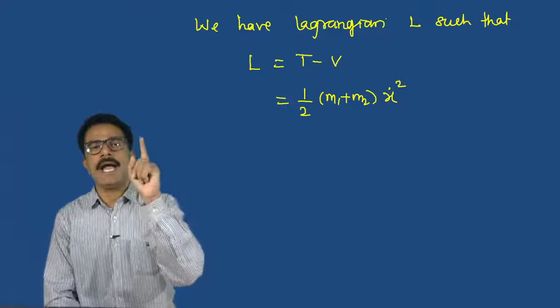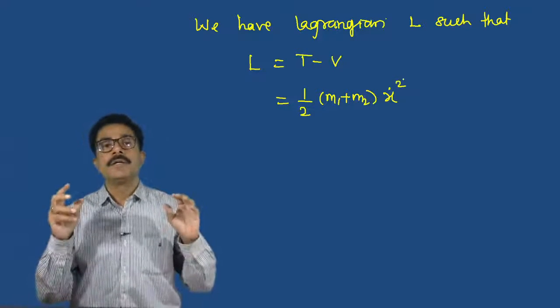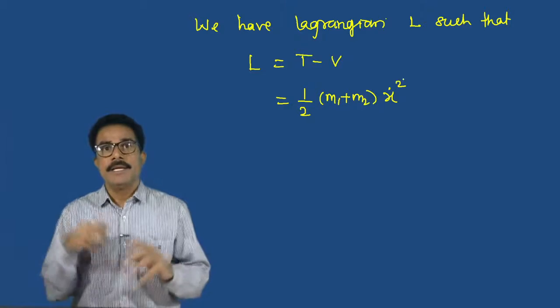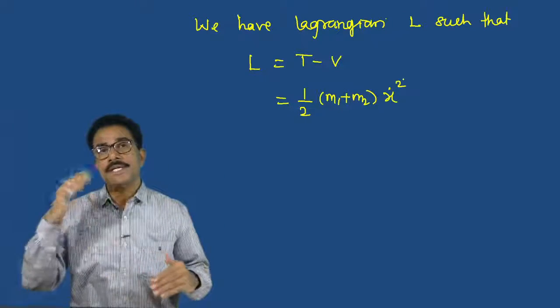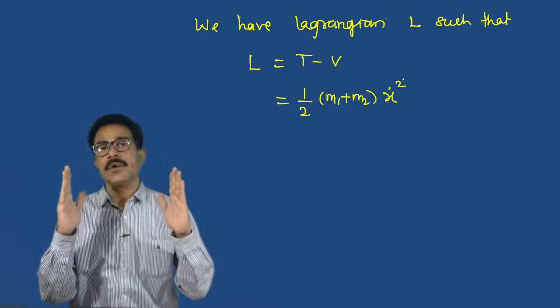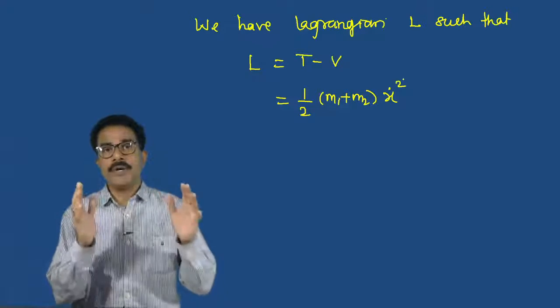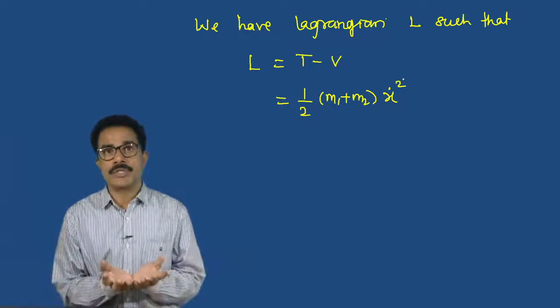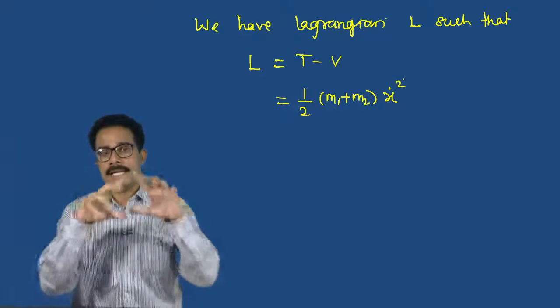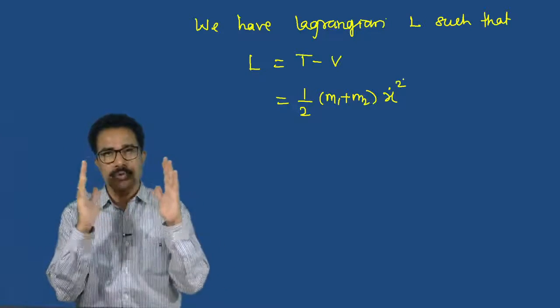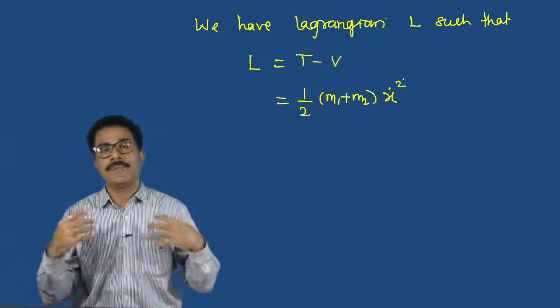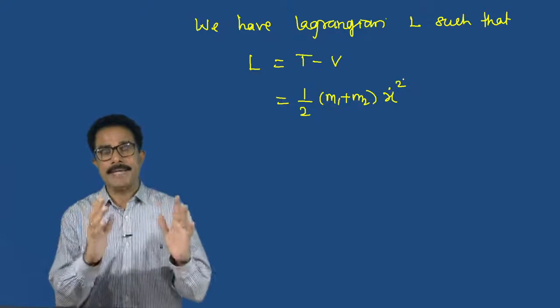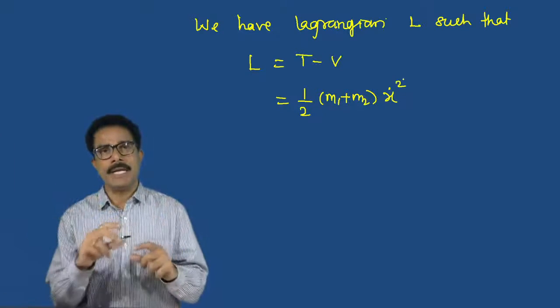कधी लक्षात ठेवा, ॲटवूड मशीनमध्ये दोन मासेस असतात. म्हणजे तुम्ही जर लिफ्ट पाहिलात, कुठेही जर लिफ्ट पाहिलात तर लिफ्टमध्ये दोन मासेस असतात. M1 म्हणजे ज्यामध्ये आपण लिफ्टमध्ये बसतो, लिफ्टनं खालीवरी करतो तो M1 असतो. M1 म्हणजे मास ऑफ दॅट कॅबिन विथ द पीपल.